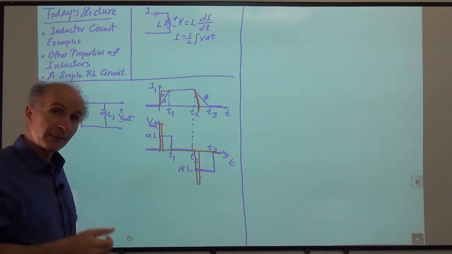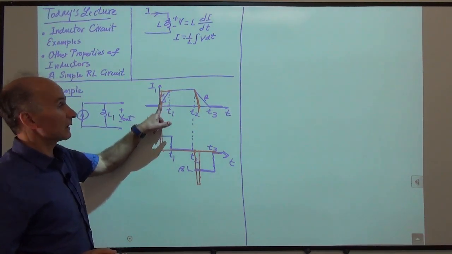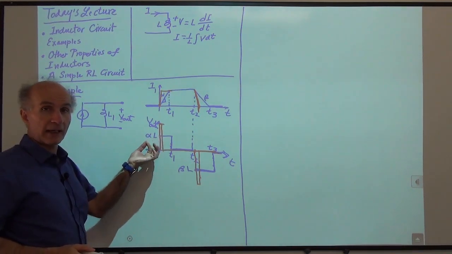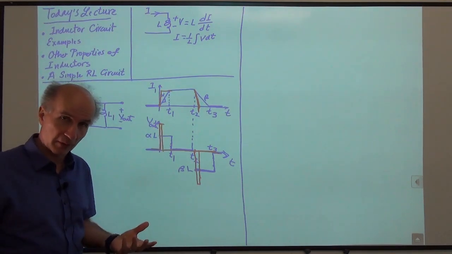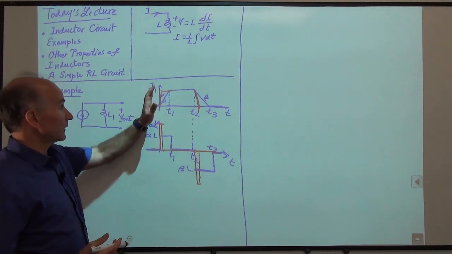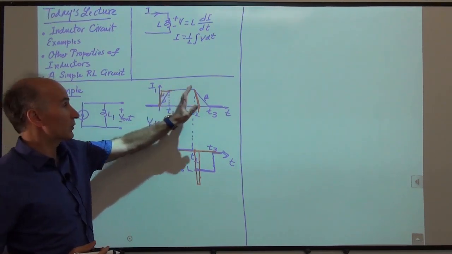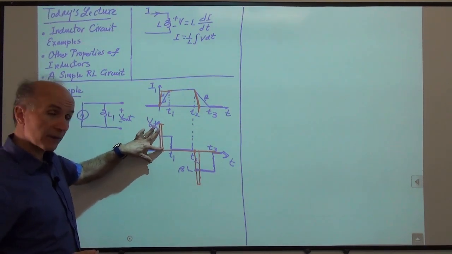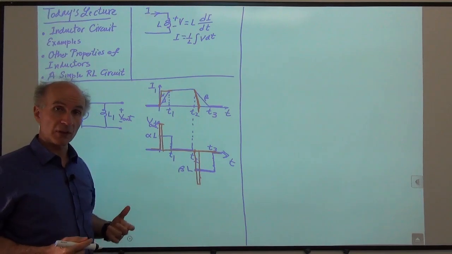So in the limit, if this transition is infinitely fast, what do we get here? This becomes infinitely narrow and infinitely tall, so it becomes an impulse. So in the limit, if the current jumps here and jumps here, that requires that we have an impulse of voltage here and an impulse of voltage here.